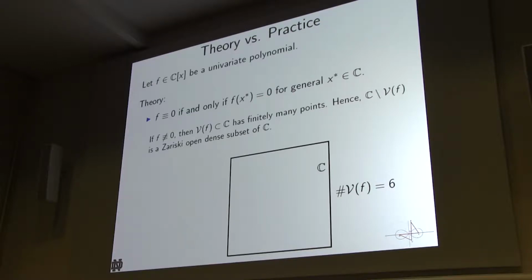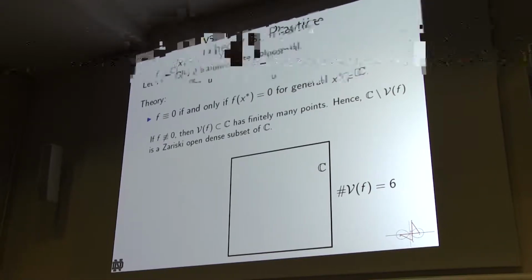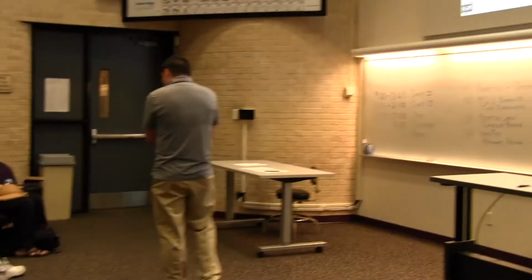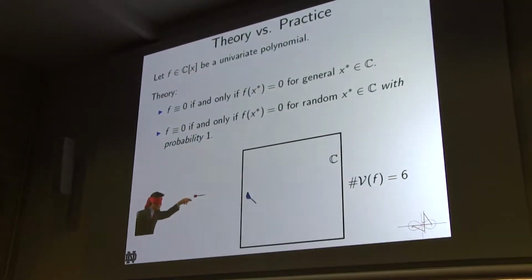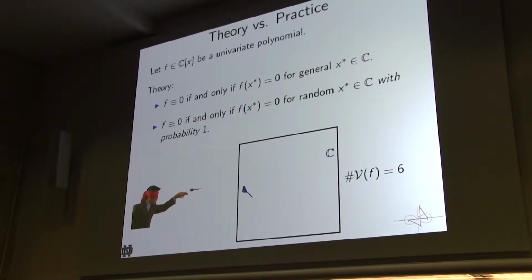Hence the complement is this Zariski open dense subset. The way I like to think about this is, imagine you blindfold someone and give them some mind-altering medication, alcohol, drugs, whatever.